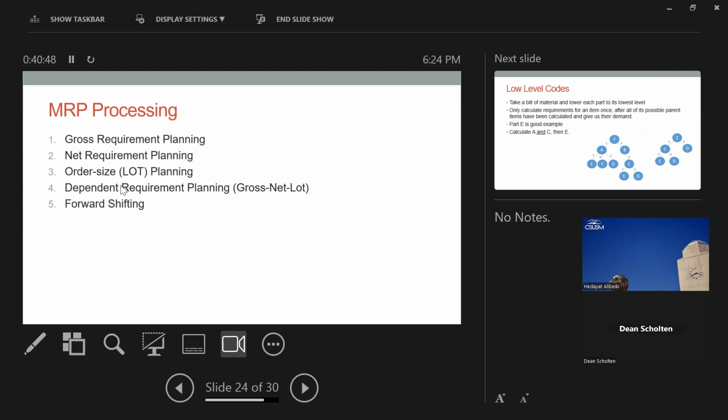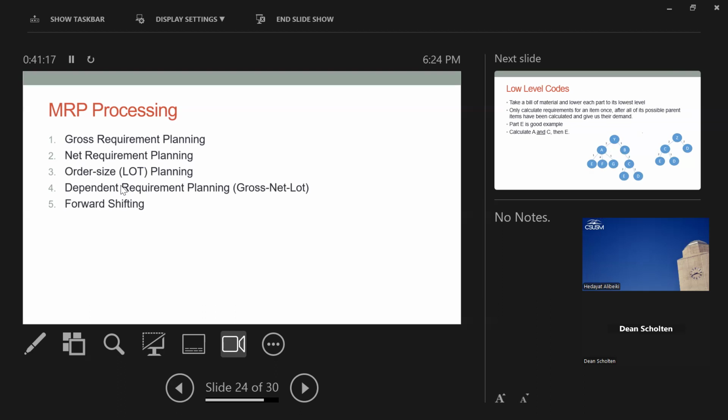We have the gross requirement, then net requirement. The difference between gross requirement and net requirement is that gross requirement is how much in total you need, like the customer wants or the production unit requires, right? This would be basically how much you have to send out.